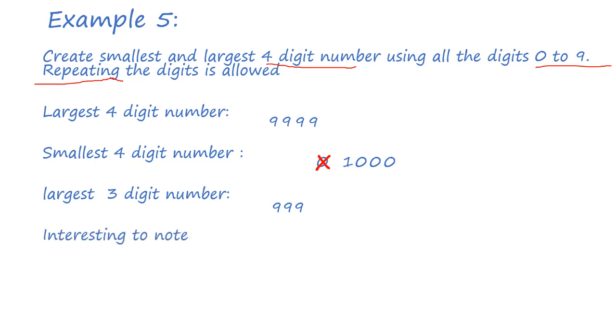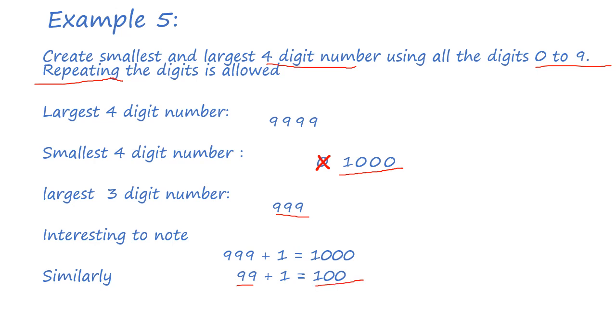It's interesting to note that the smallest 4-digit number is 1000 and the largest 3-digit number is 999, and 999 plus 1 is 1000. Similarly, if I add 99 plus 1, I get 100. So 99 is the largest 2-digit number and 100 is the smallest 3-digit number.